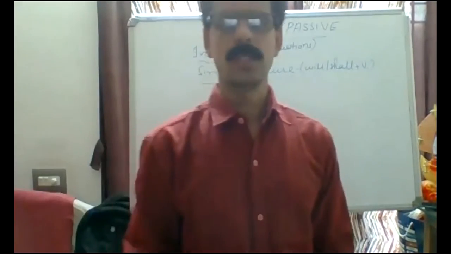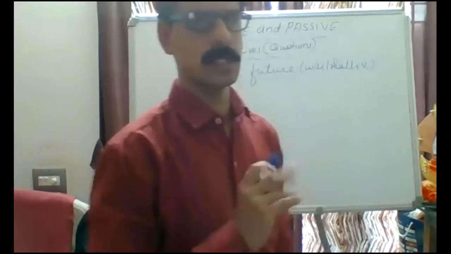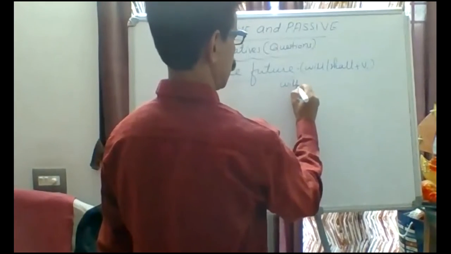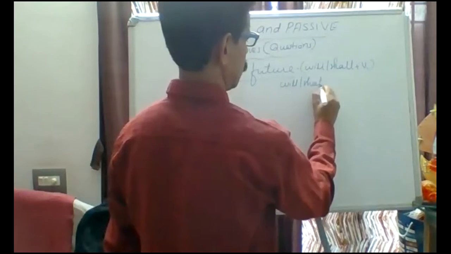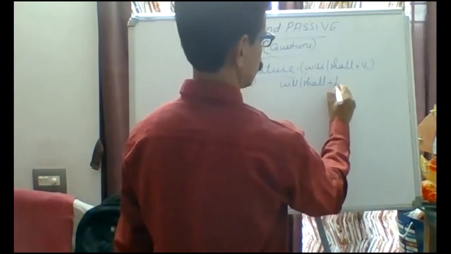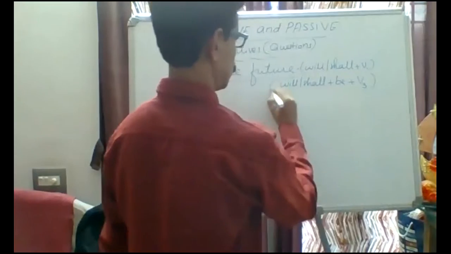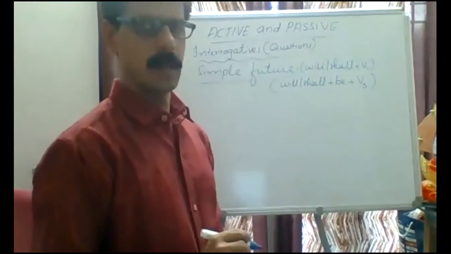That is the tense structure, simple future. With this will and shall, we just add one be plus the third form of the verb, V3. Will be or shall be.